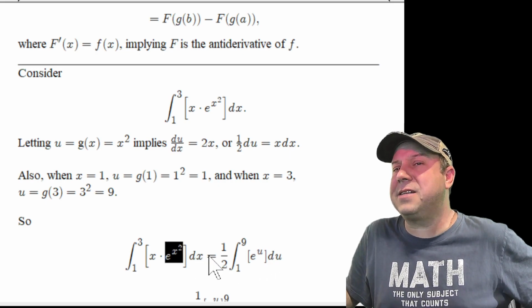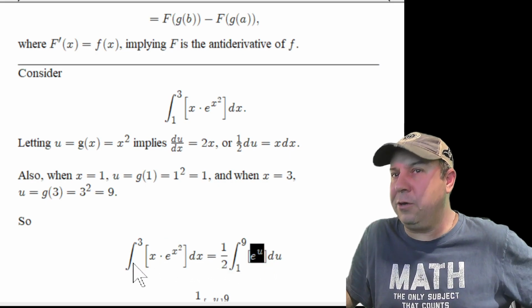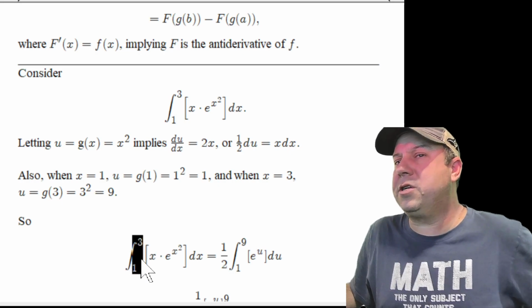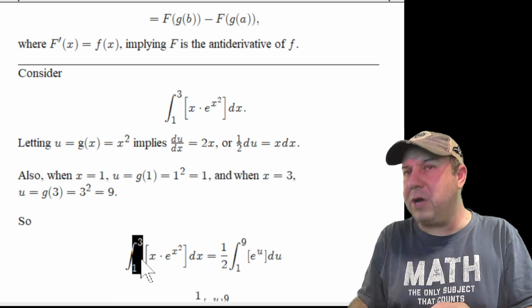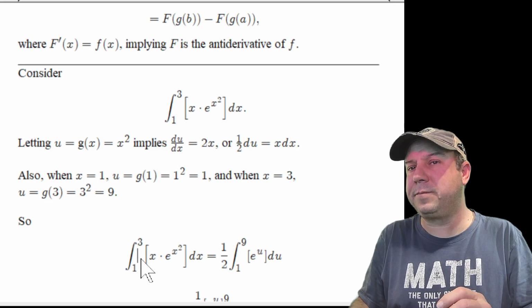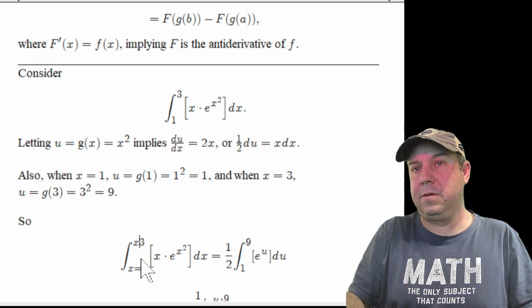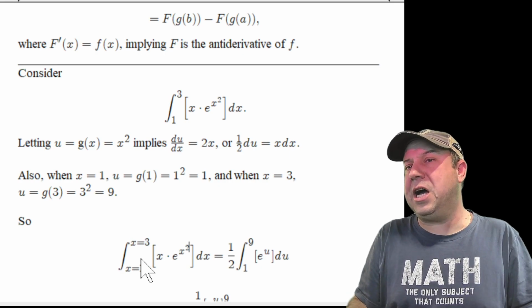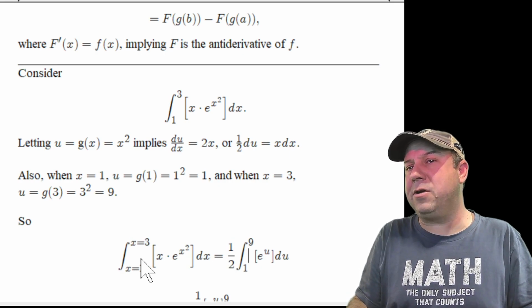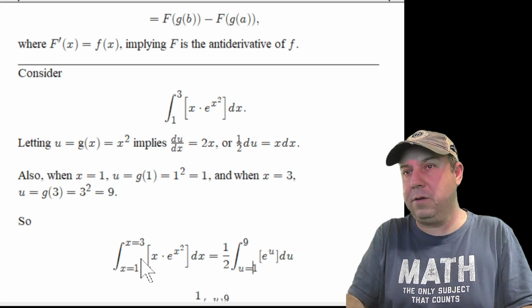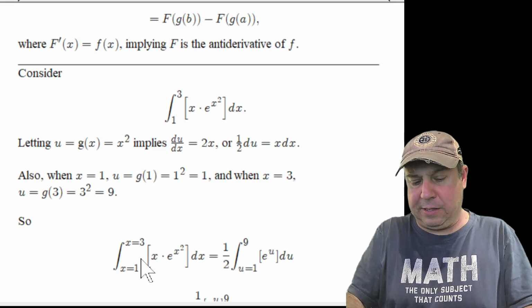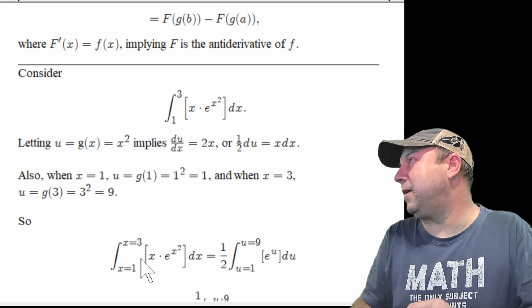That e to the x squared becomes e to the u. And those boundaries that were in terms of x from 1 to 3 will adjust to be bounds now in terms of u from 1 to the value of 9.